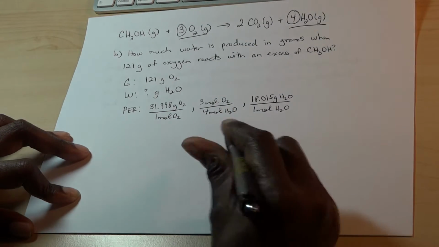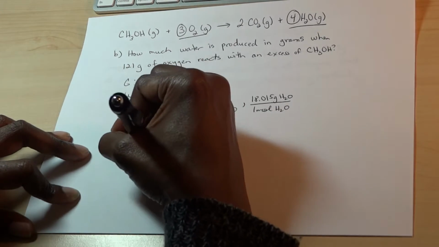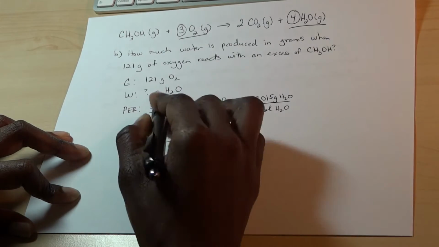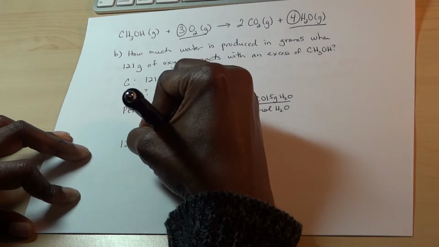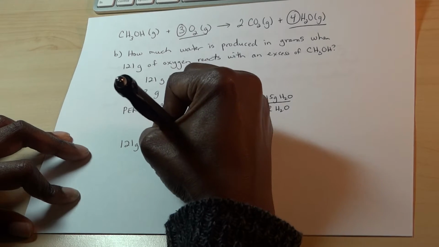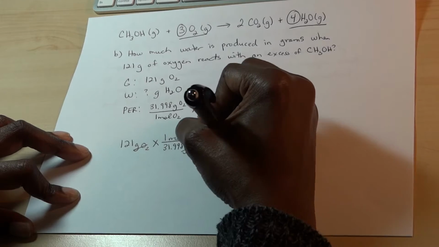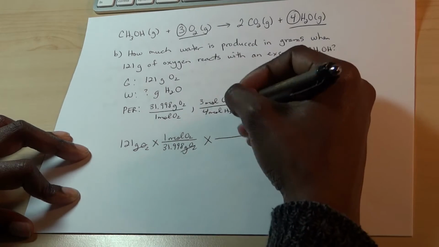So our setup: 121 grams of oxygen, times the molar mass, 1 mole of oxygen over 31.998 grams of oxygen, so grams of oxygen cancel. Times the mole to mole ratio.